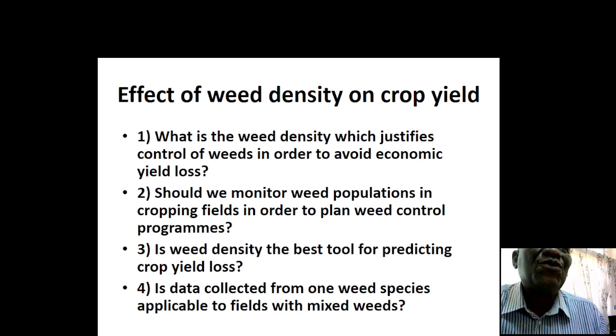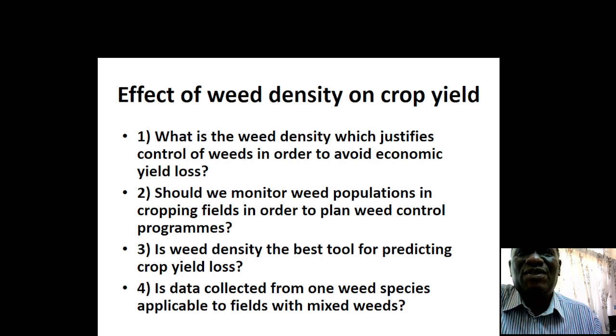So, effect of weed density on crop yield. The questions which we are interested in are as follows. What is the weed density which justifies control of weeds in order to avoid economic yield loss? Now it becomes a management tool if we can find that value.